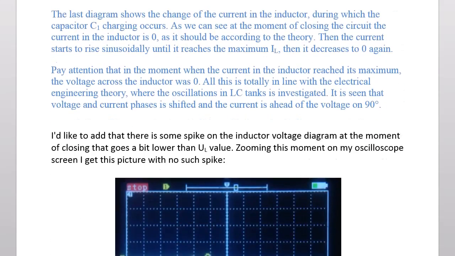Pay attention that at the moment when the current in the inductor reached its maximum, the voltage across the inductor was 0. All this is totally in line with the electrical engineering theory where the oscillations in LC tanks are investigated. It is seen that the voltage and current phases are shifted and the current is ahead of the voltage by 90 degrees.